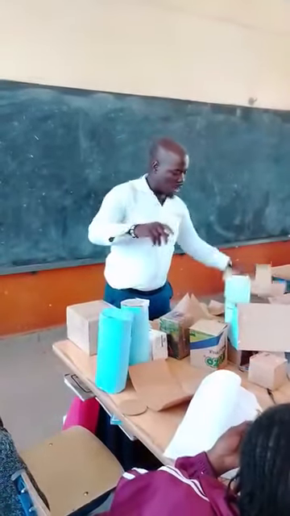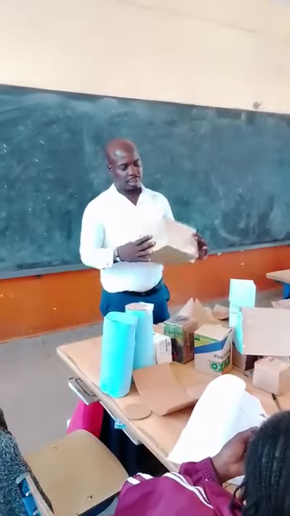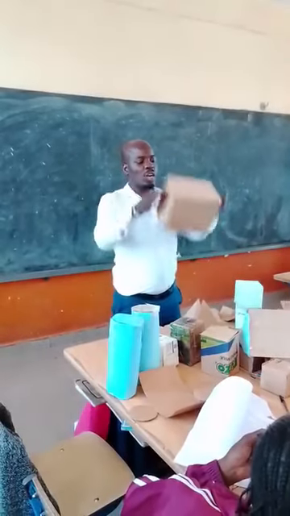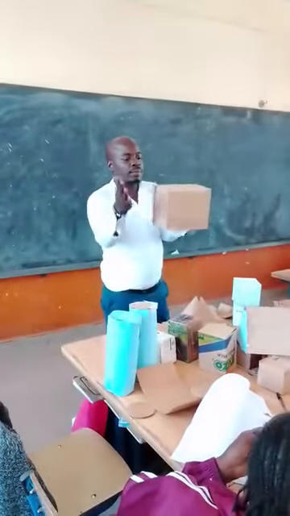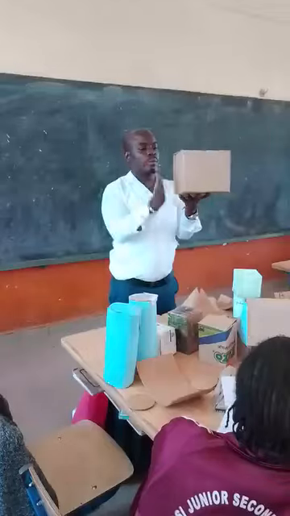Yes. Now we look at the cuboid. This is a cuboid, right? Yes. So how many faces does a cuboid have? Let's count them. 1, 2, 3, 4, 5, 6.